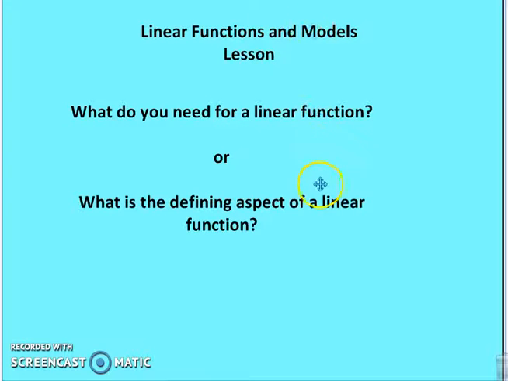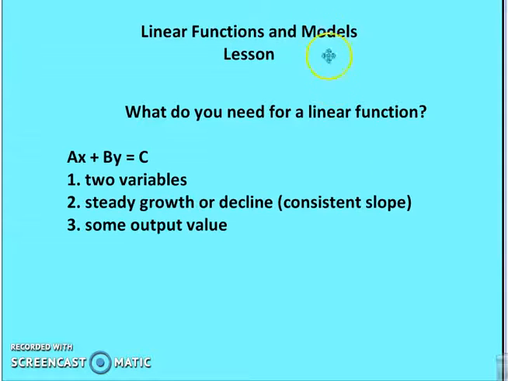All right, so let's just take what we've evaluated and ask, what's the defining aspect of a linear equation, or what do we need for a linear function? And I'm going to answer those questions for you. First and foremost, we need to have a consistent slope between any 2 points on the function, so steady growth or decline.